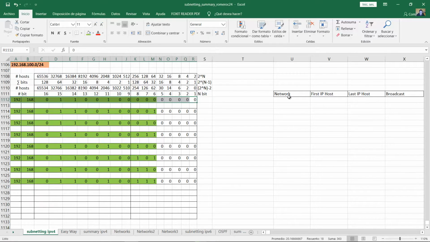And the network address is this: 192.168.100.0, subnet mask 27. 24 plus 3, 27.